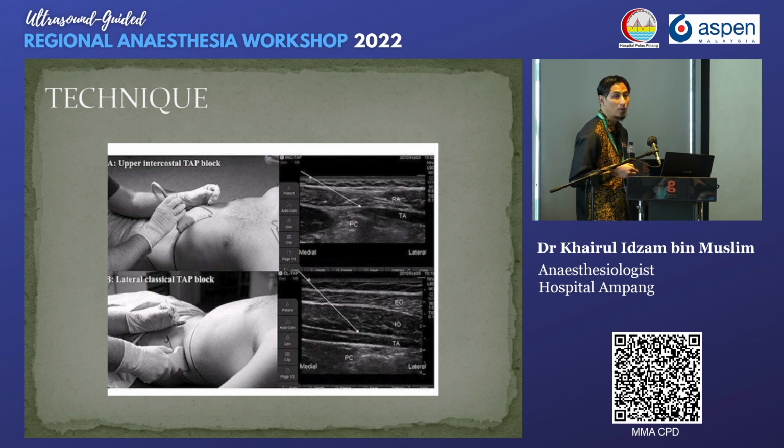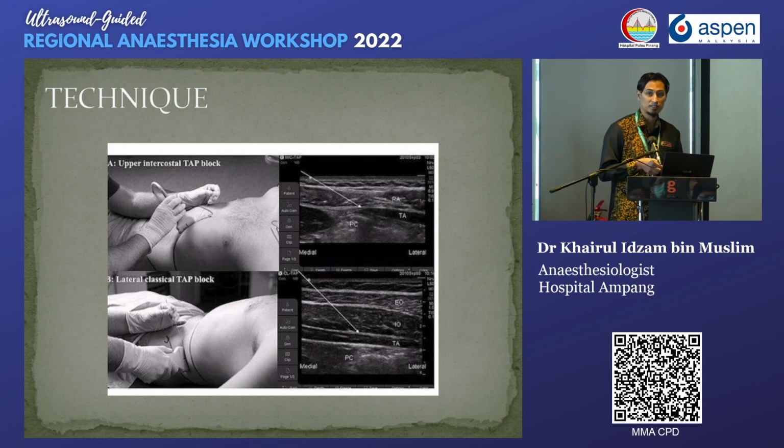So we deposit our LA between the rectus abdominis and transversus abdominis. For the classical TAP, we place our probe between the costal margin and iliac crest. We need to identify three abdominal muscles: external oblique, internal oblique, and transversus abdominis. So we deposit our local anesthetic in between internal oblique and transversus abdominis.